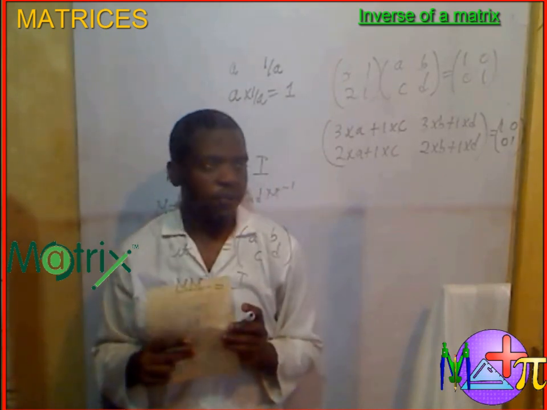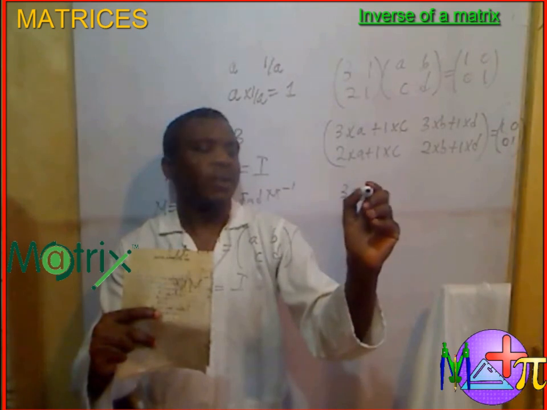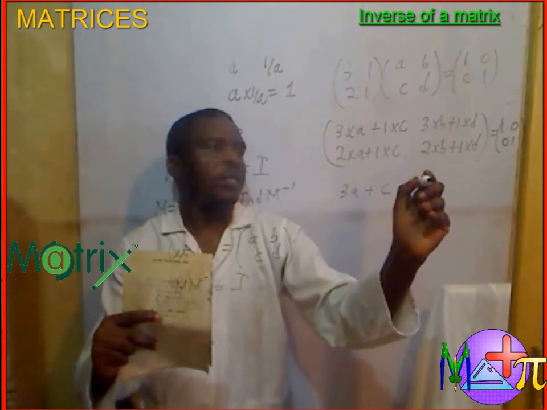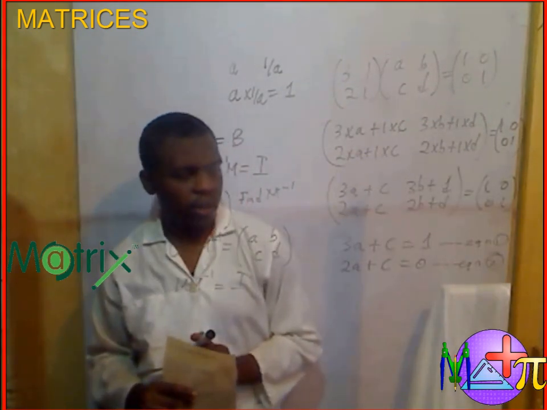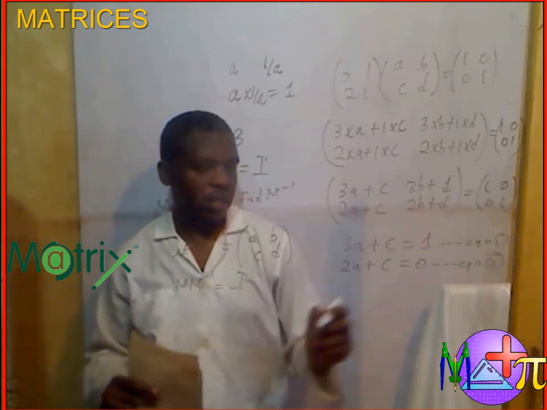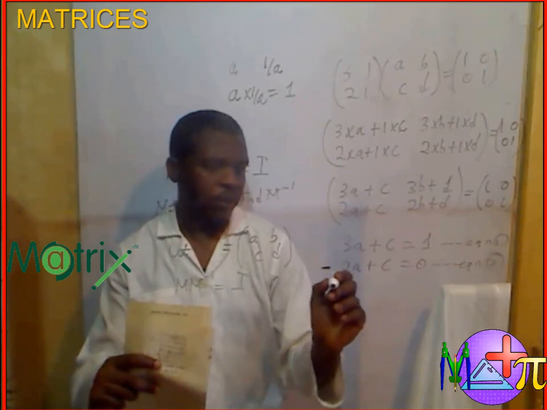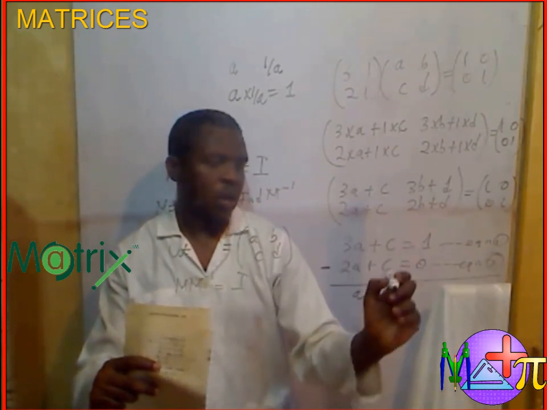Now let's simplify. 3 times A, that is 3A plus C. This is 3B plus D. So I can solve equation 1 and 2 simultaneously. Let's see. If I subtract equation 2 from equation 1, I'm going to have A is equal to 1.